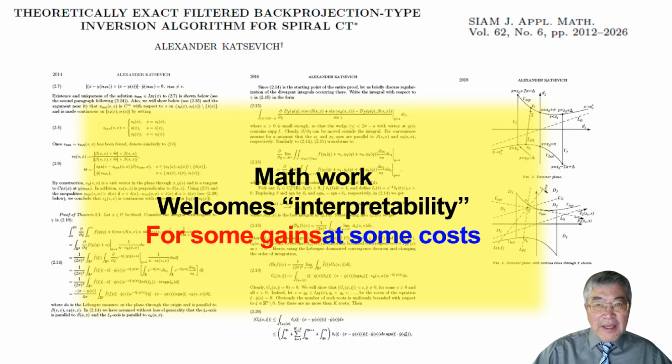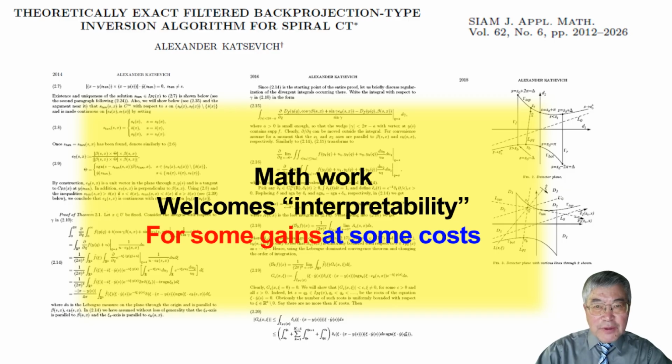There are now many algorithms for cone beam spiral CT reconstruction. Historically, the development of this field moved from approximate reconstruction methods toward theoretically exact reconstruction methods. In 1991, I proposed one of the first cone beam spiral CT reconstruction algorithms.